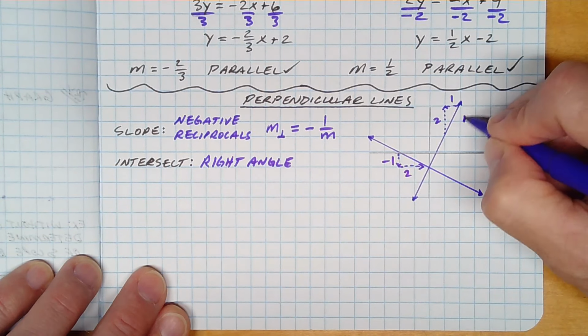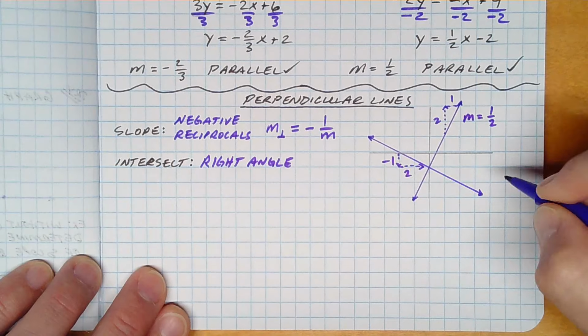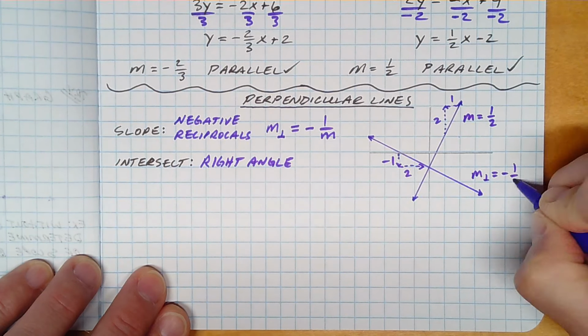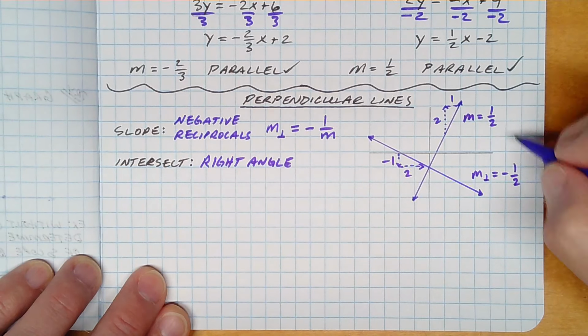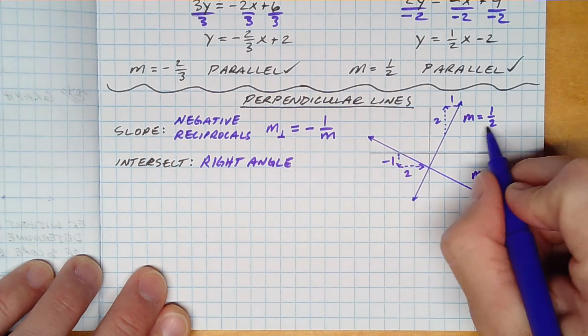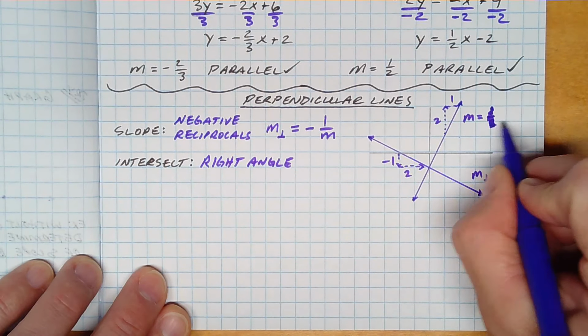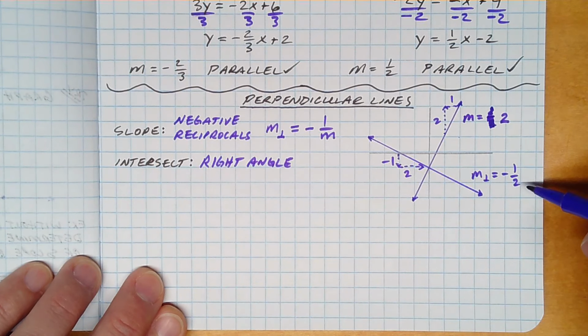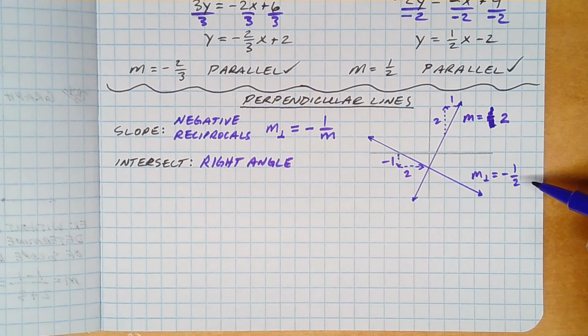So this one has m equals 2, and this one is m perpendicular, I'm going to call it, is negative 1/2. These are negative reciprocals, and I wrote this first one wrong. This should be 2/1 or 2, and 2 and negative 1/2 are negative reciprocals.